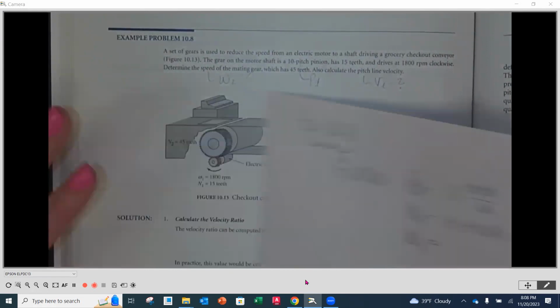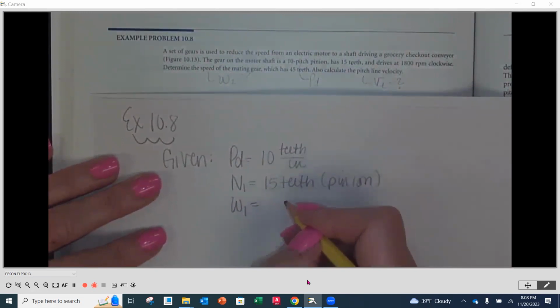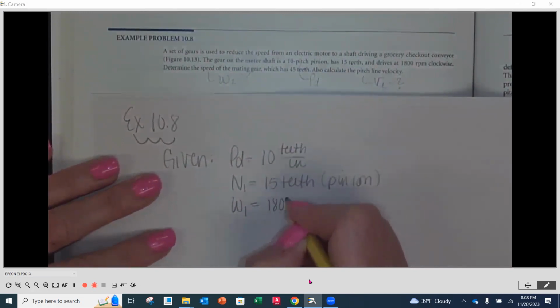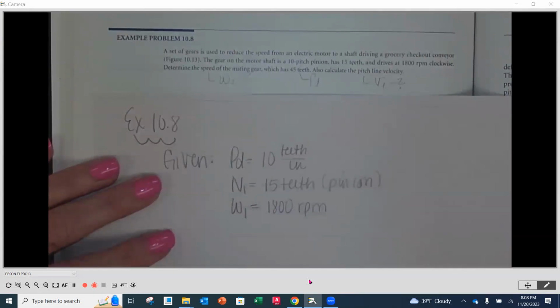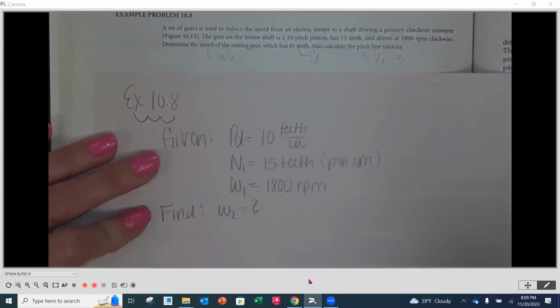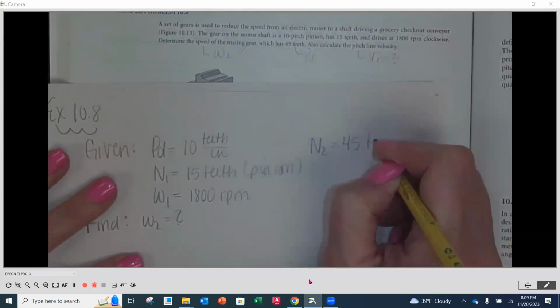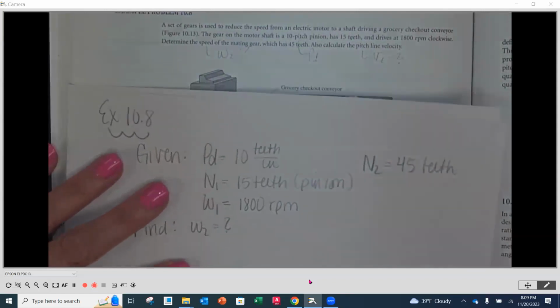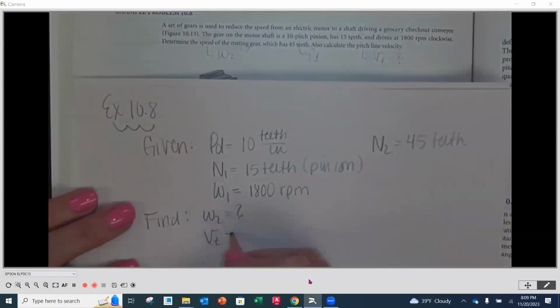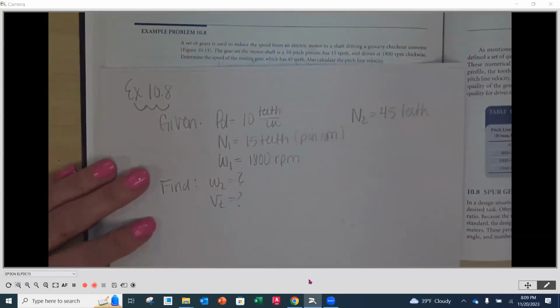W1, the angular velocity of the pinion, is 1800 RPMs. We need to find W2. We also know N2 is equal to 45 teeth. That's given after the fact. And then we also need to calculate our pitch line speed, or our tangential straight line velocity component.